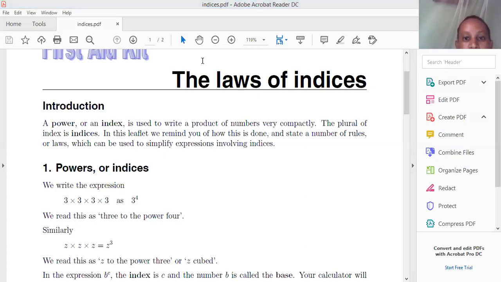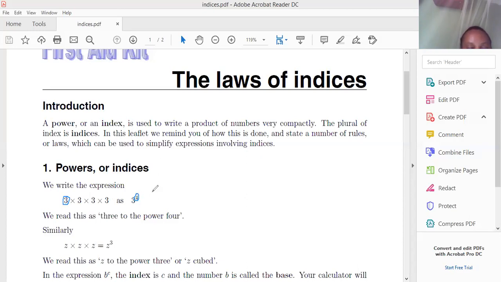For example, if you are to look at what we have here, here we have 3. 3 is what we call the base. We can raise it to a given power or an index. For example, in this case, multiplying 3 4 times, then we can say the base is 3. How many times has that 3 been multiplied by itself? 4 times.